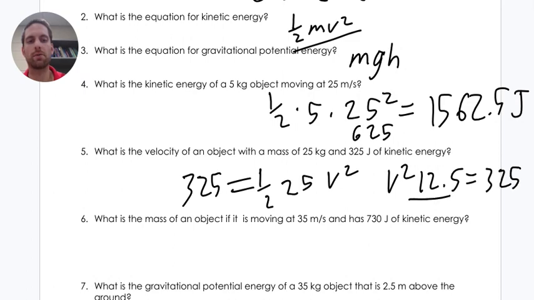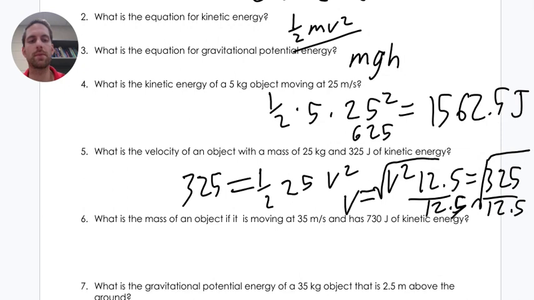Then divide both sides by 12.5. And once we do that, we need to take the square root to find v, because that's v squared. We want just v. So our answer is going to be the square root of 325 divided by 12.5.